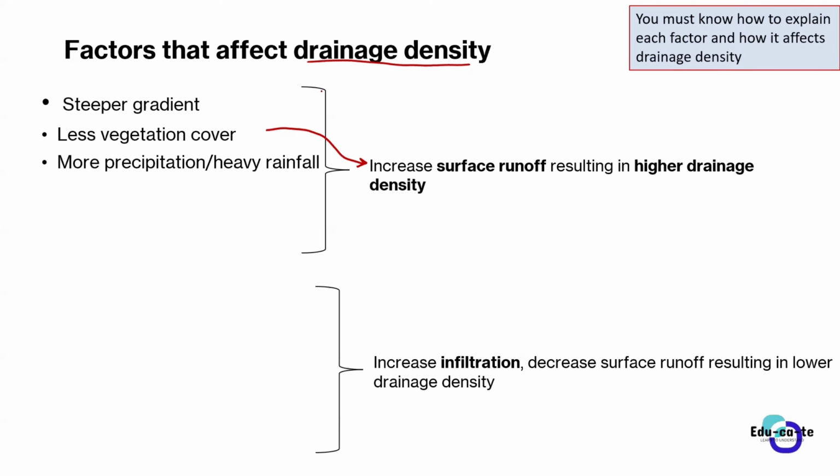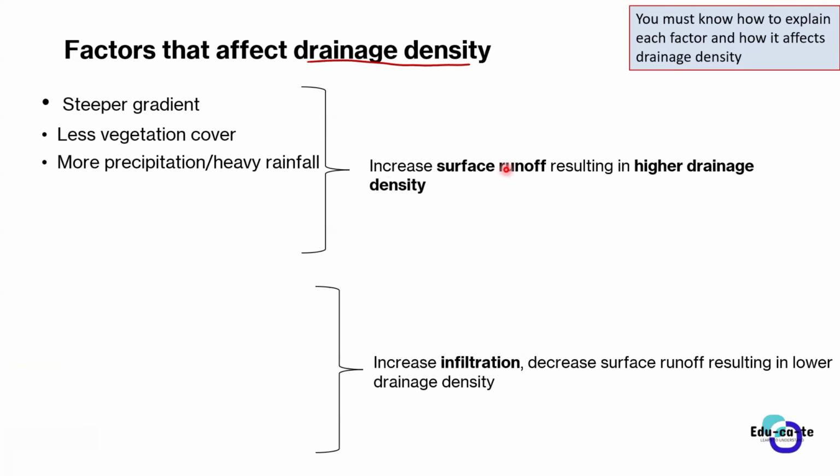It's one of the factors, guys. Heavy rainfall is one of the factors. Remember, guys, when we've got heavy rainfall, more water will run off. So we already know that heavy rainfall or more precipitation actually increases what? It increases surface runoff.